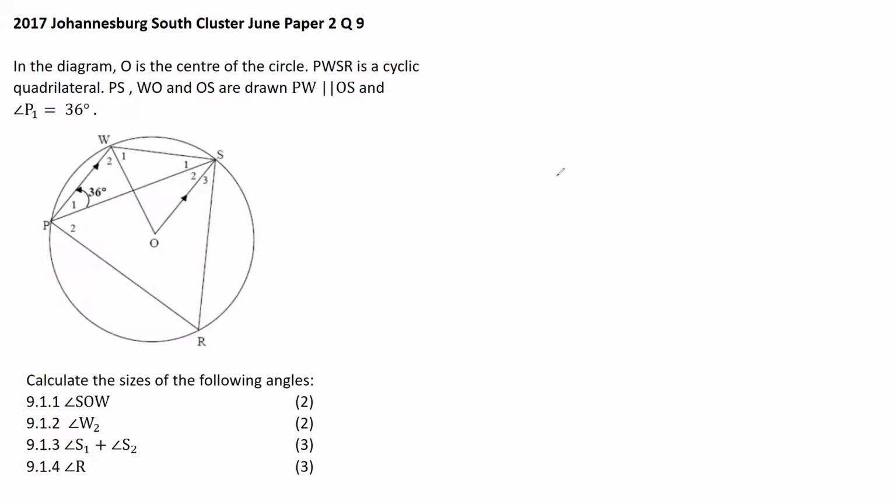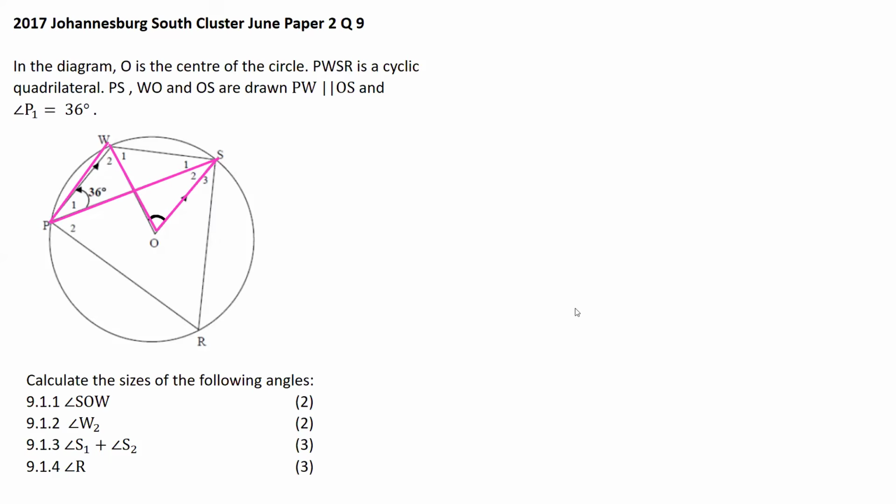So it looks to me like SOW is this angle here. So my question is, who subtends it? I think it's SW. I need to look at who subtends it. It's a line from S and a line from W. But I also note that a line from S and a line from W subtends P1, which is 36.